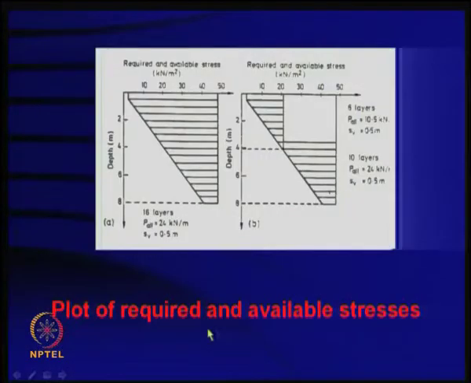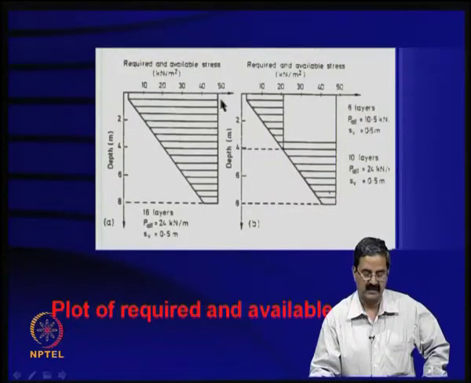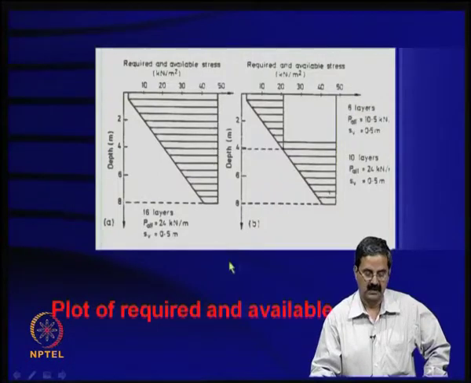I will just show you the diagram. What it means is that, if you are using this depth versus the required and available stress, this is what is required and this is what is available. You can see that 48 kilonewtons is available. Maybe it is fine here up to some level, but you can see that it is all wasted here.